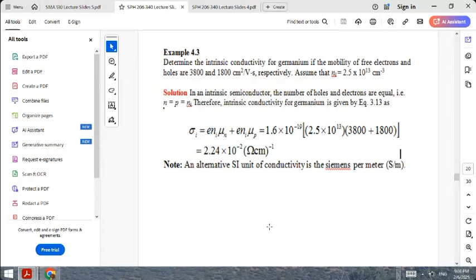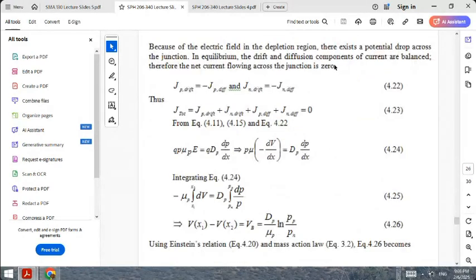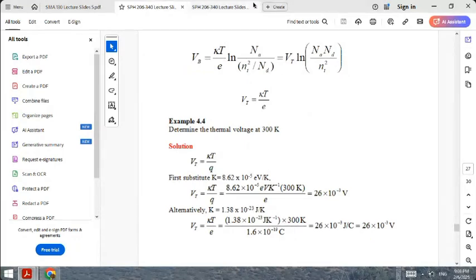So I think we want to stop there. What I want you to do in your own spare time, you have to devote a lot of time to understand this. Check whether you can understand example 4.3 on your own, and then you try and tackle diffusion current, which eventually gives us this very important equation, this one.